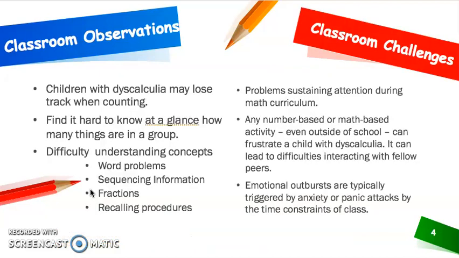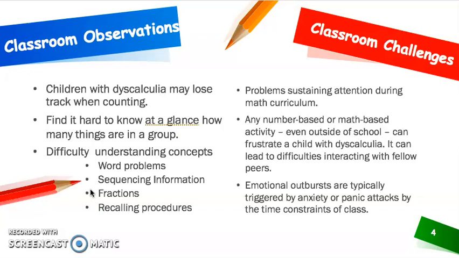Next, I will provide you with how this is observed in the classroom. Children with dyscalculia may lose track when counting and find it hard to know at a glance how many things are in a group. They also have difficulty understanding concepts such as word problems, sequencing information, fractions, and recalling procedures.